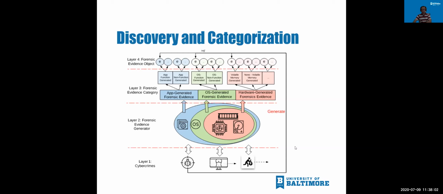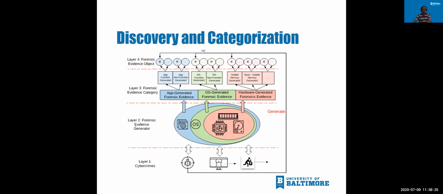There are 4 layers of architecture. The first layer is the crime cases. All the crime cases, such as virus, child pornography, or some IP violation, are described as scenarios.